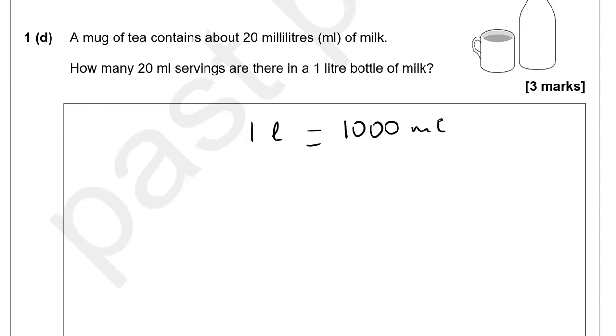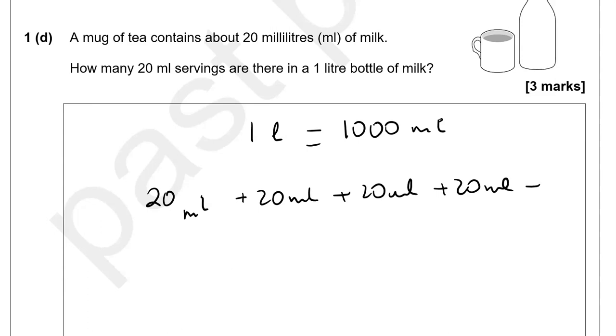You could do this in many different ways, but what I'm going to do is, if I have 20 milliliters and 20 milliliters and 20 milliliters, 5 of them will make 100 milliliters.